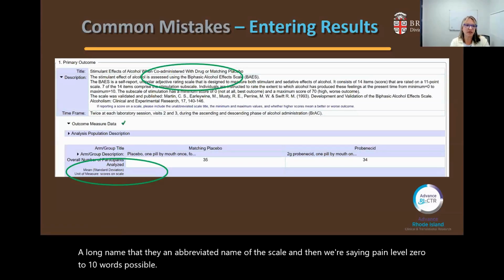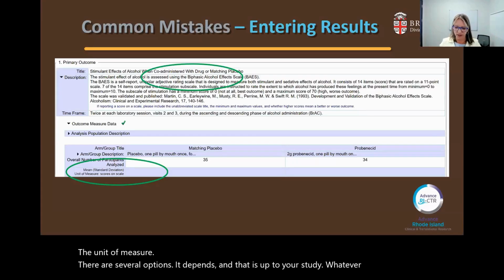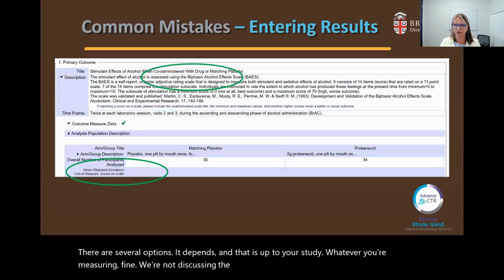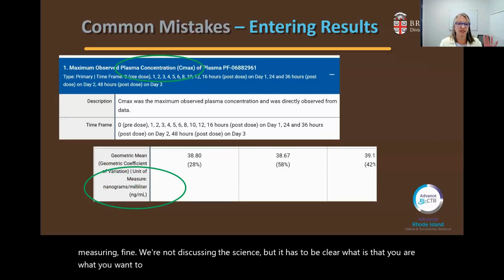Other example, same thing. For the unit of measure, there are several options. It depends, and that is up to your study. Whatever you're measuring, fine. We're not discussing the science, but it has to be clear what it is that you want to measure. Let's say for this one, plasma concentration.